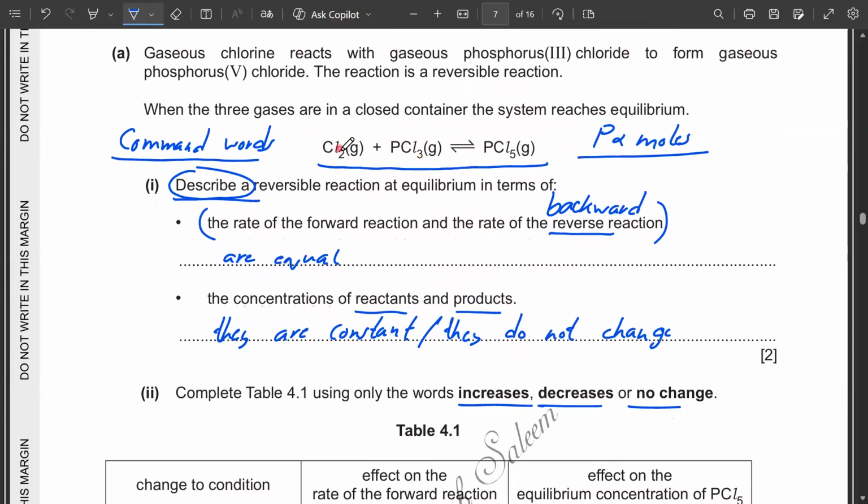According to this, we have 1 mole of Cl2, 1 mole of PCl3, and 1 mole of PCl5. So in total, we have 2 moles on the reactant side and 1 mole on the product side. If we decrease the pressure, then equilibrium will shift in the direction which has more moles, which is the reactant side.